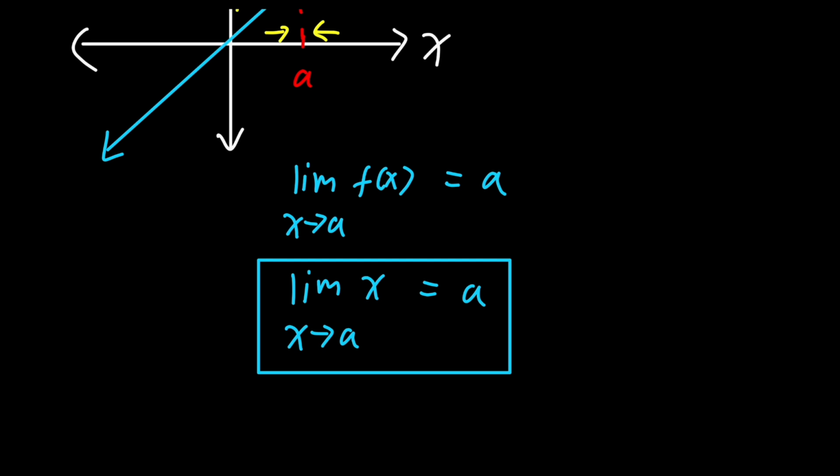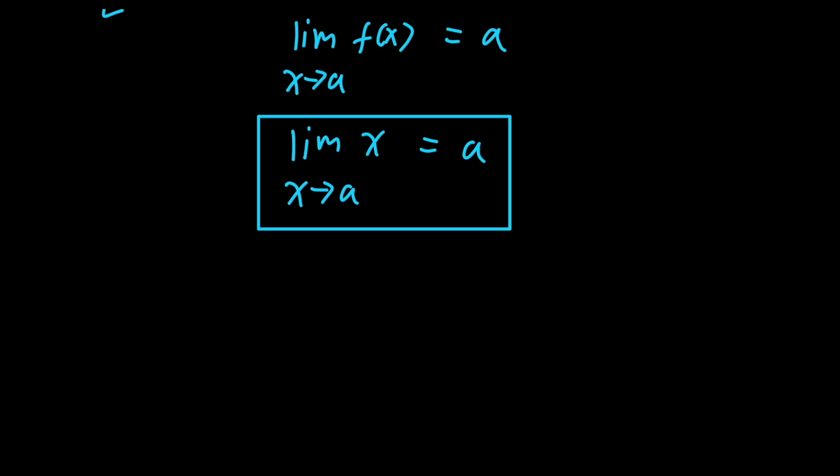It's pretty important because whenever you see the limit of x, you just directly replace the variable x with a. For example, let me give you the limit of x as x approaches 4. What does that equal? Since we know the direct substitution, we just replace the variable x with the number 4. So the answer is just 4. That's the direct substitution rule.